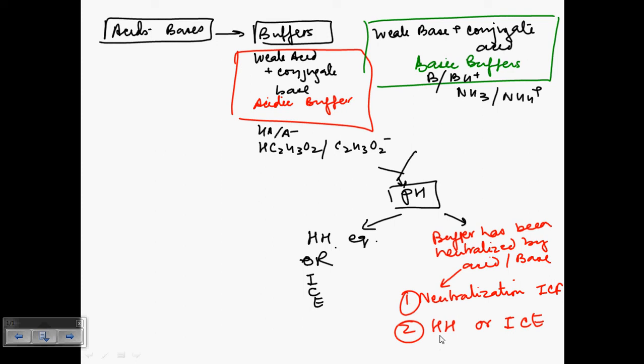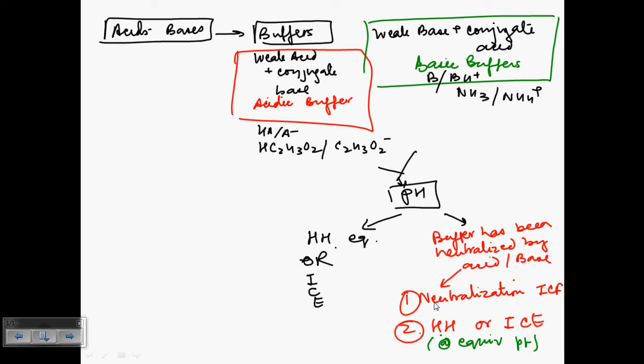Remember, the only place you cannot use Henderson-Hasselbalch in the second step is at equivalence point. You have to use ice chart for that because you have no more acid or base left at equivalence. The pH is determined by the salt.